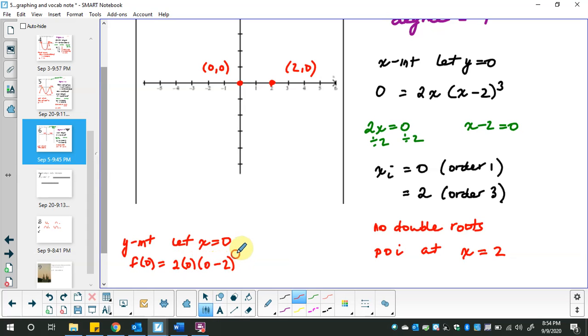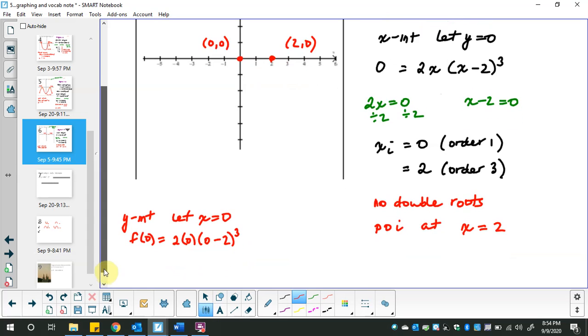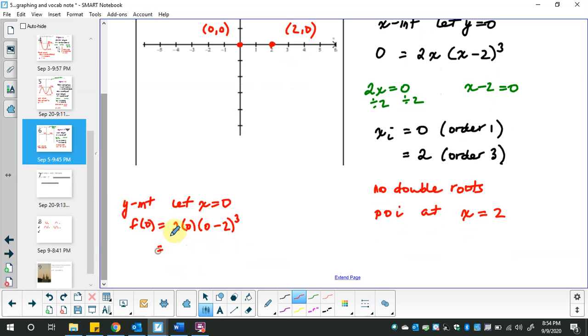Now be careful with your 0 times tables. I'm not joking. 2 times 0 is 0. 0 times I don't care is 0. So we actually have no extra information about this picture because my y-intercept landed right on my x-intercept.